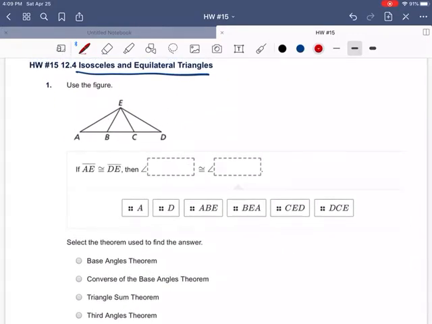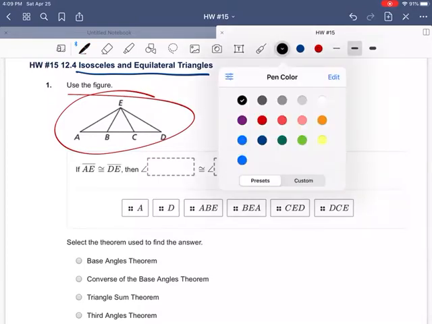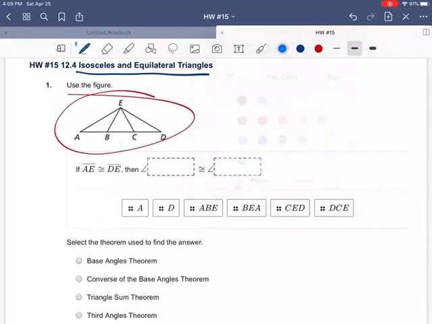Okay, so number 1 says, using this figure, identify which angles are congruent. So we're told in this figure that line segment AE, so remember the symbol above means line segment, is congruent to line segment DE.